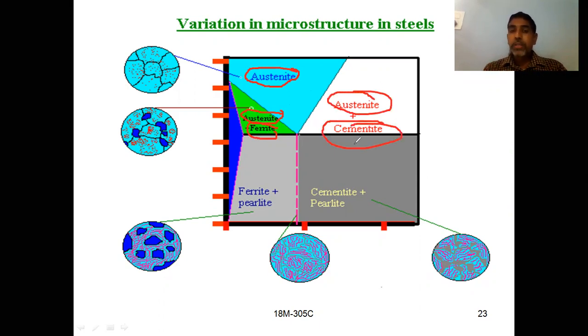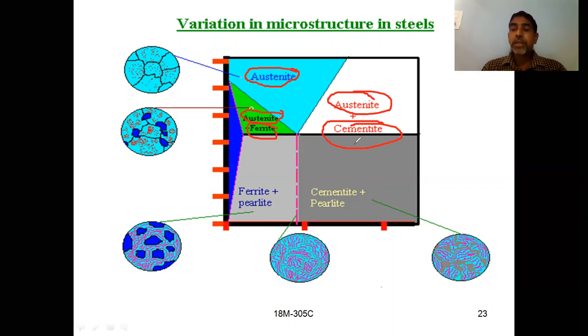We don't know what austenite is, or what ferrite is. The terms are new to us, but these are very, very important terms, and we are going to use them extensively in the iron carbon equilibrium diagram. You have to be able to define what is meant by austenite, ferrite, cementite and perlite.